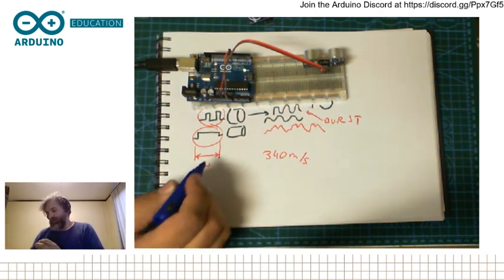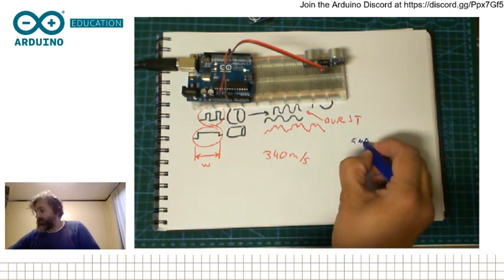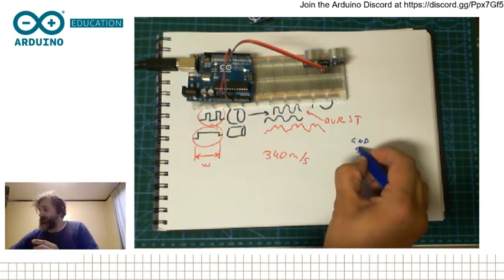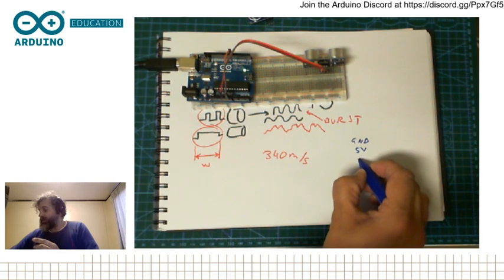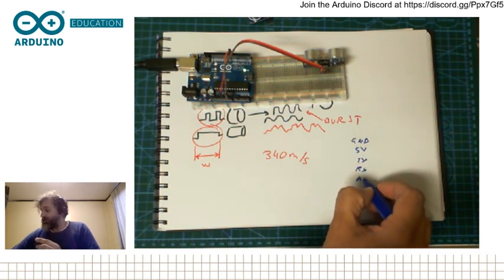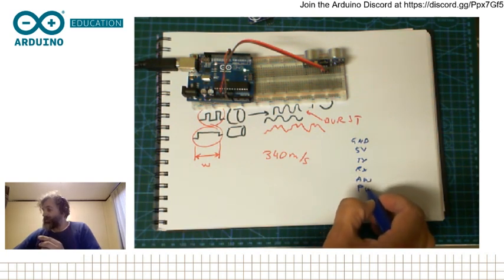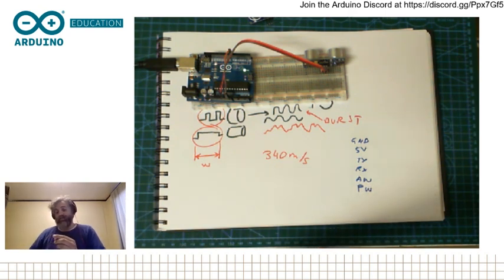So it has the following pins: ground, 5 volts, TX, RX, analog, something that is called here PW, which means pulse width, and then yet another one that at this point hasn't been used.